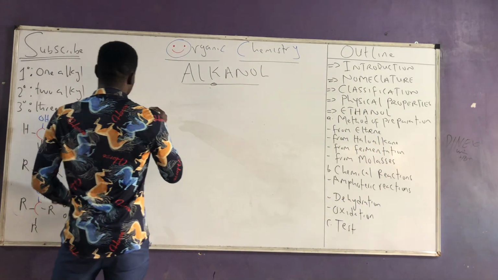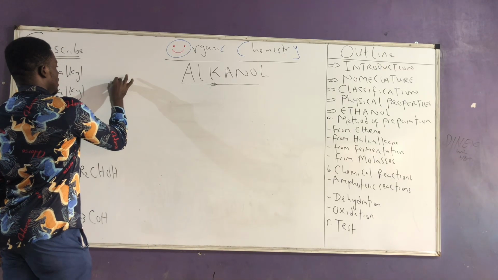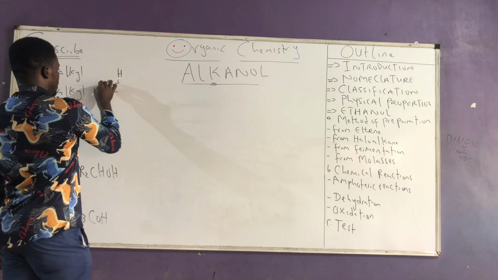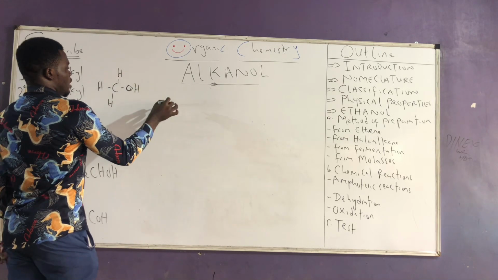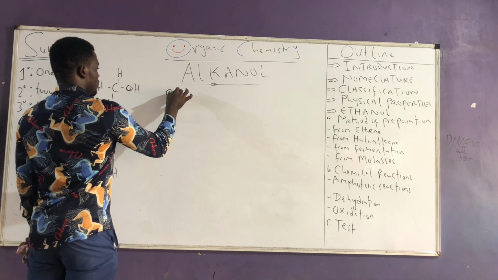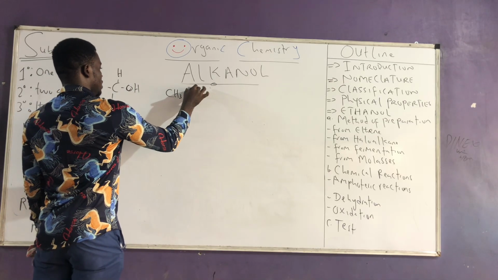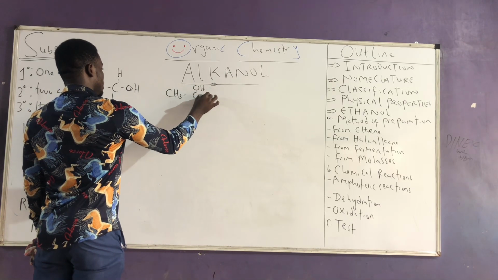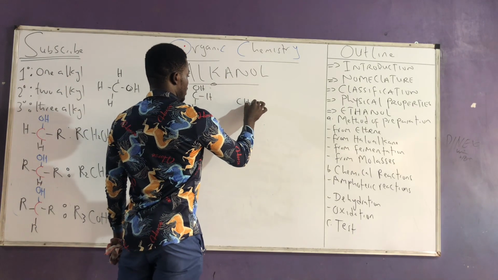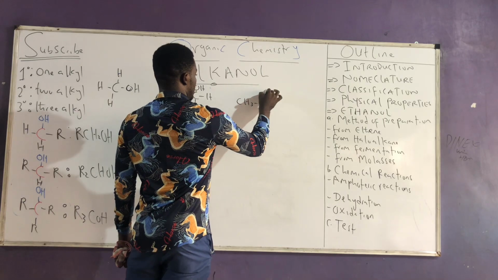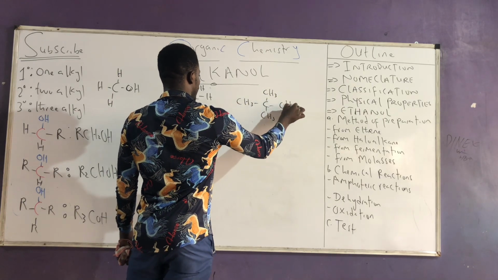So let's go. For instance, I have CH3, I have C, this is H, H, this is OH. I can have C, this is CH3. I can have C, this is OH, this is H, this is H. I can have CH3, I can have C, this is CH3, this is CH3, this is OH.